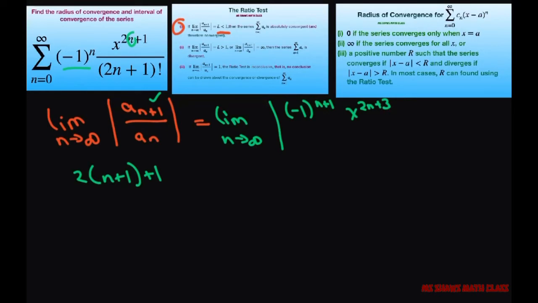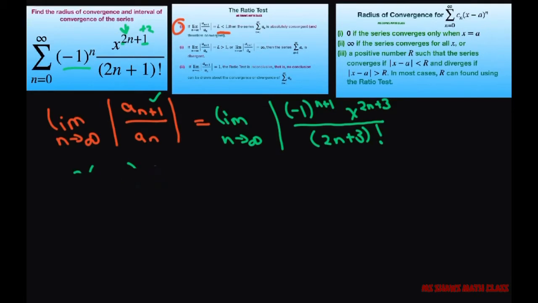Anytime you're substituting in n plus 1, and this is like your slope here too, all you have to do is add 2 to this. Given that, in the denominator we're going to have 2n plus 3 factorial.